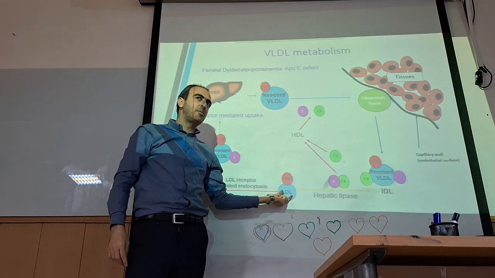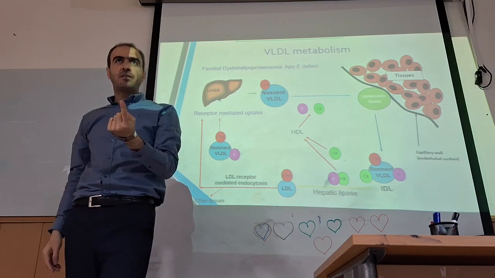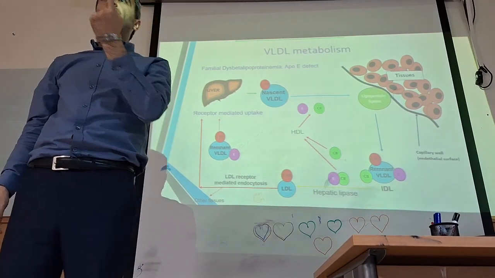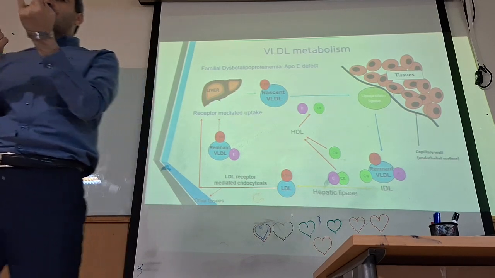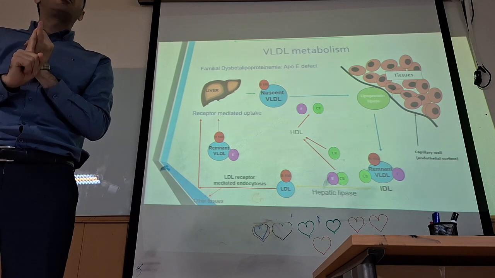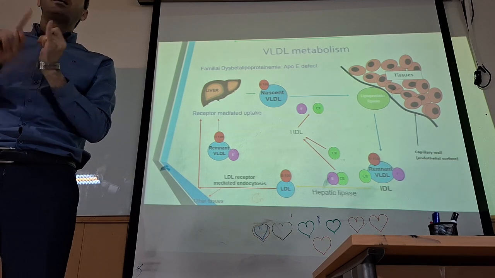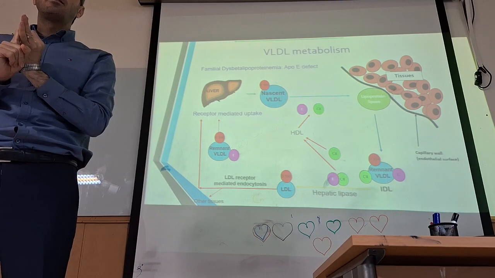So which enzyme is responsible for LDL production? Hepatic lipase. From what? IDL or VLDL, it doesn't matter. The source of production of chylomicron is the intestine. The source of production of VLDL is the liver.